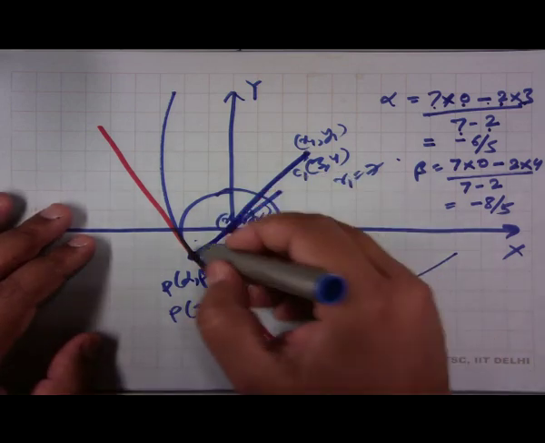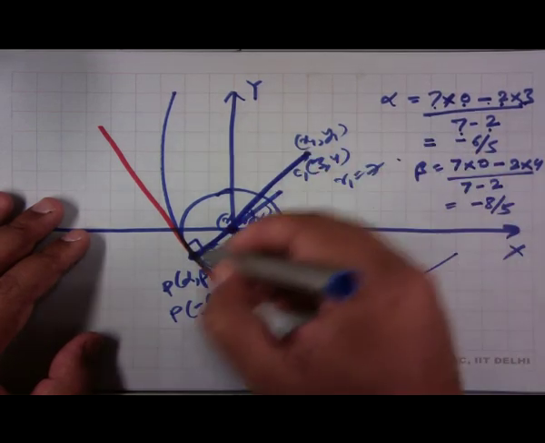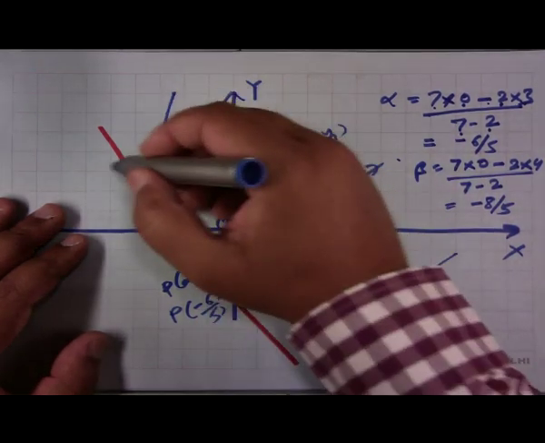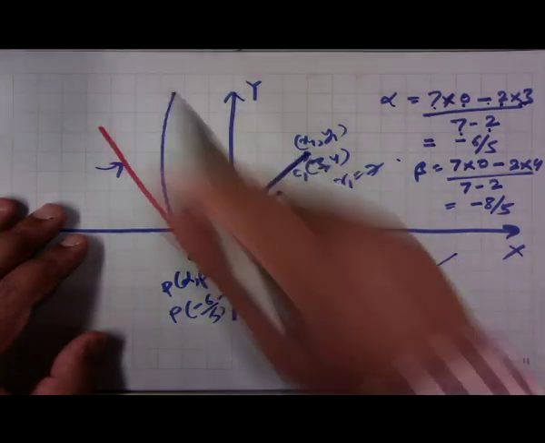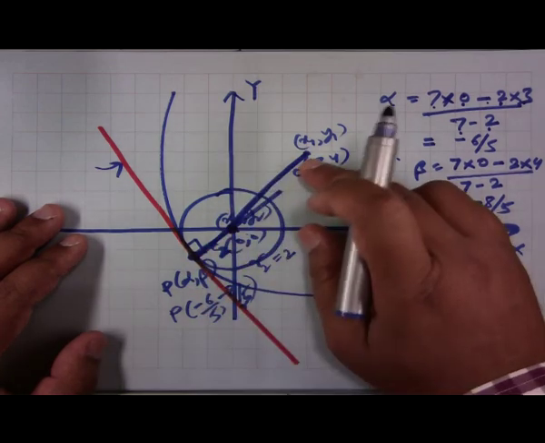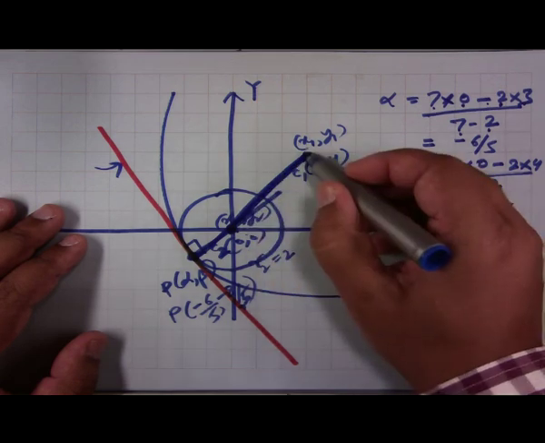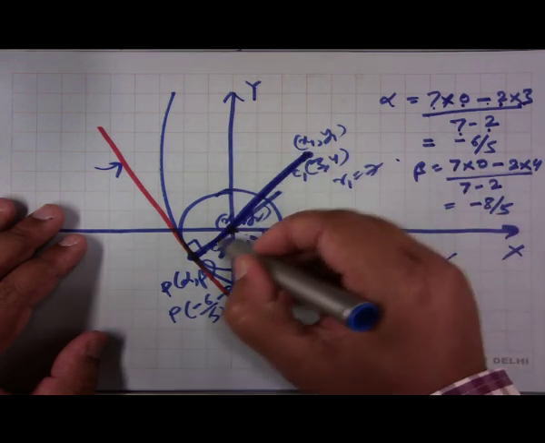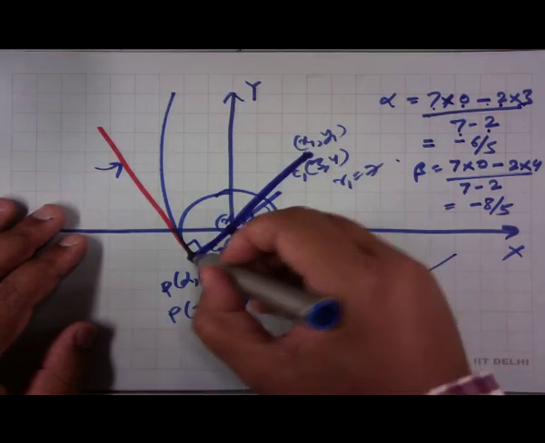Further, this tangent will make 90 degrees with this straight line, and therefore it is easy to find the slope of this direct common tangent, because this line is at 90 degrees to the line joining C1 and C2. If you produce it further, it will meet the tangent at this point P.